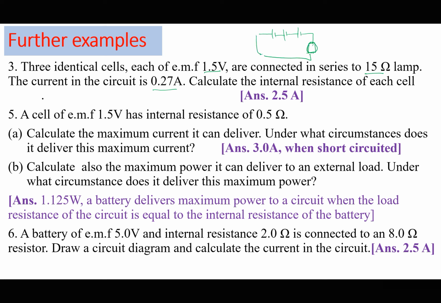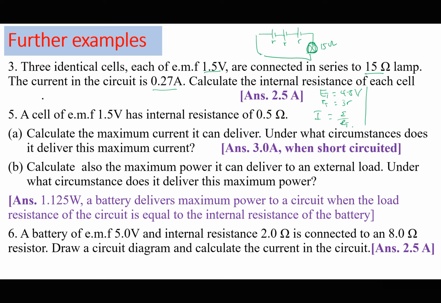So they are connected in series with the lamp of 15 ohms. So let each have resistance R. Because they are identical, effective EMF is going to be 3 times 1.5, which is 4.5 volts. That is the effective EMF. Effective internal resistance is going to be 3R. The current in the circuit is 0.27. Remember, current is equal to the EMF divided by total resistance.